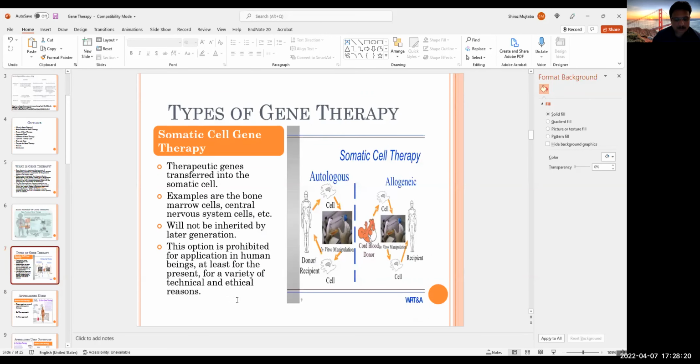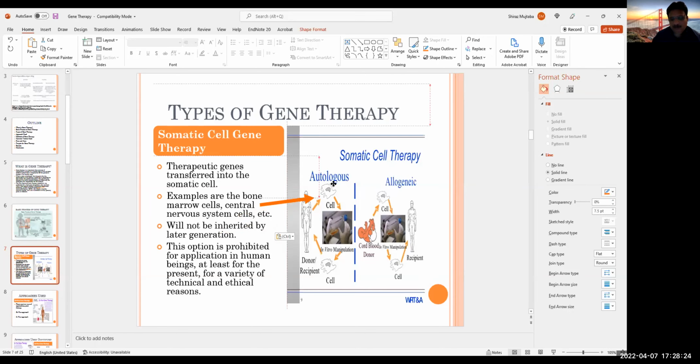So what are the broad types of gene therapy? One is autologous, and the other is allogenic. In autologous, the cells from the patient are taken out and treated in the lab. Treated means genetically manipulated, and these cells are put back.